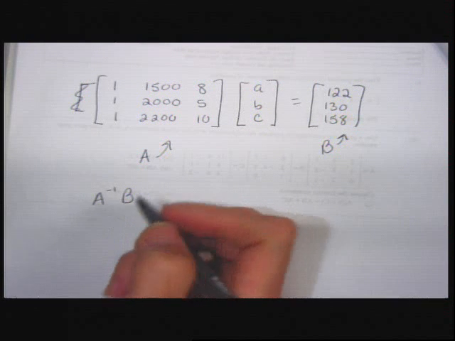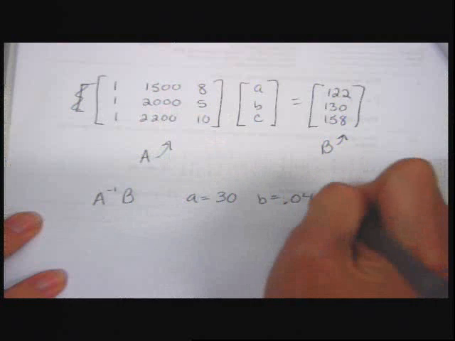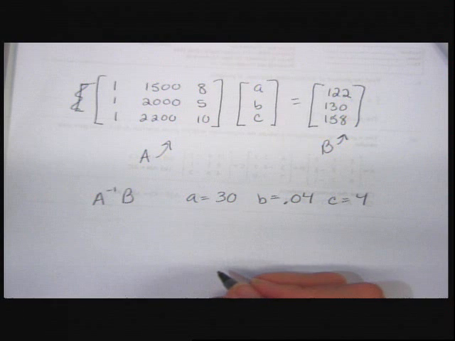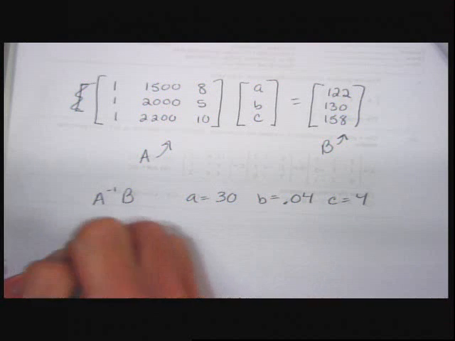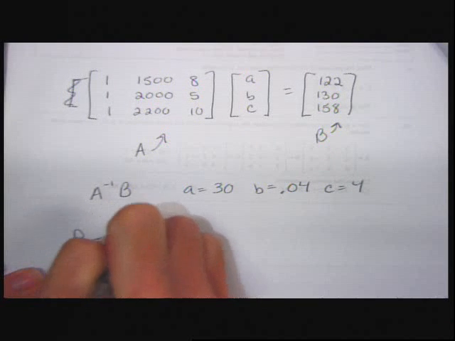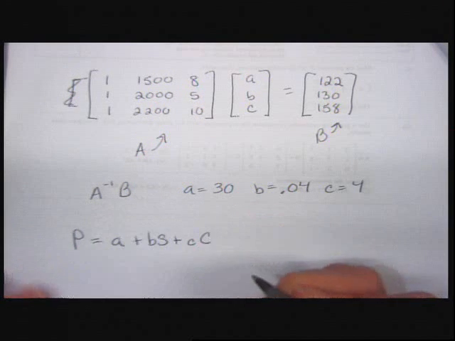And so can someone tell me what they get for A, B, and C? A is 30, B is 0.04, and C is just 4. Did anyone else get that? Yes. Okay, and so then the question is, find the selling price of a house with 1,900 square feet in a condition of 3. So notice at the top in the problem they give you the formula P equals A plus BS plus CC.